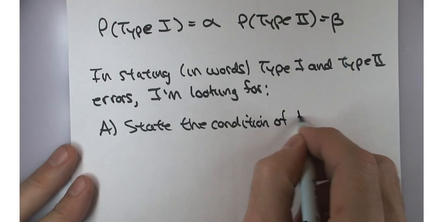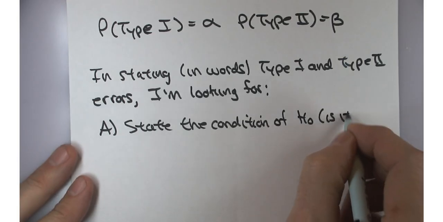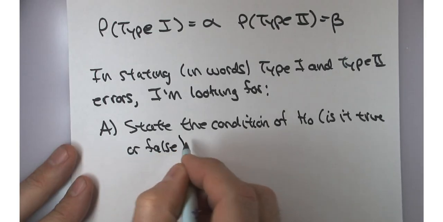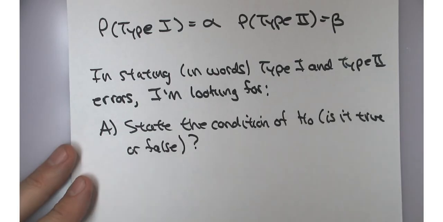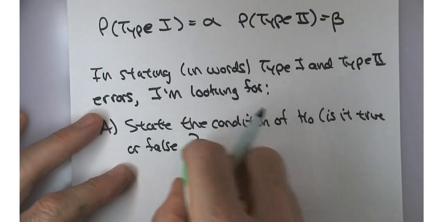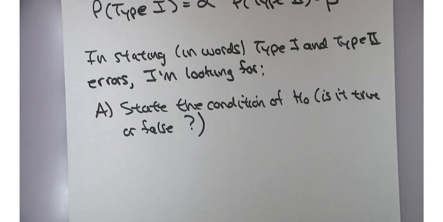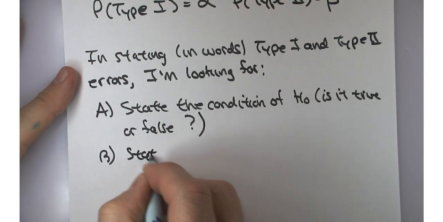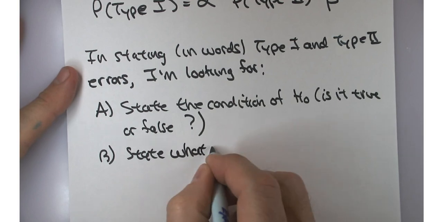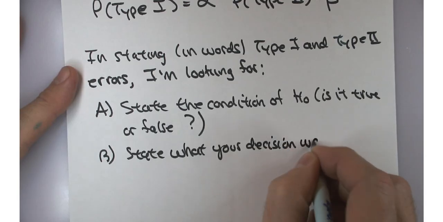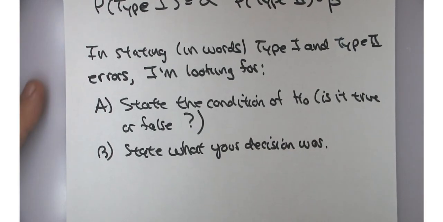And second, state what you decided. State what your decision was. It's either reject H naught or fail to reject H naught, but I want you to state this in words.